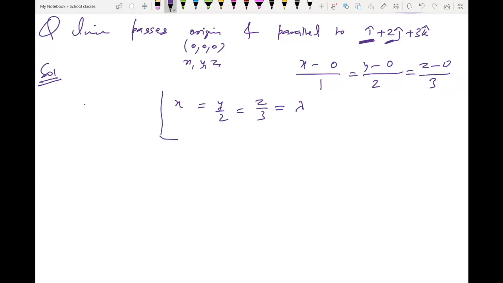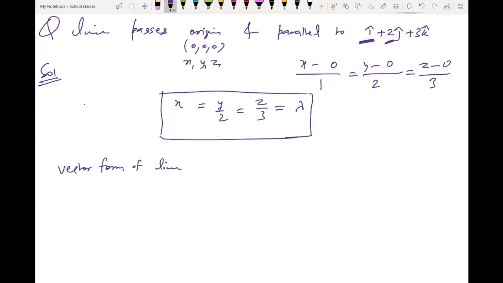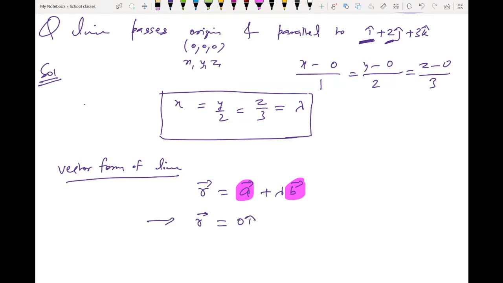Cartesian form of line. And what will be the vector form? Vector form of line. Gautam, can you tell me, beta, what is the vector form of line? The formula is r vector equals a vector plus lambda b vector. You just need to put the values of a vector and b vector. What will be a vector here? Vector a will be 0 vector.